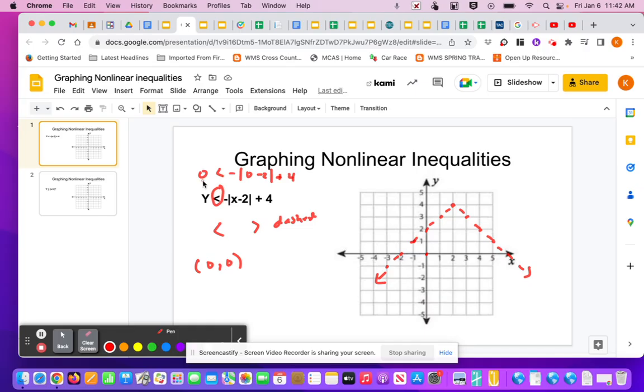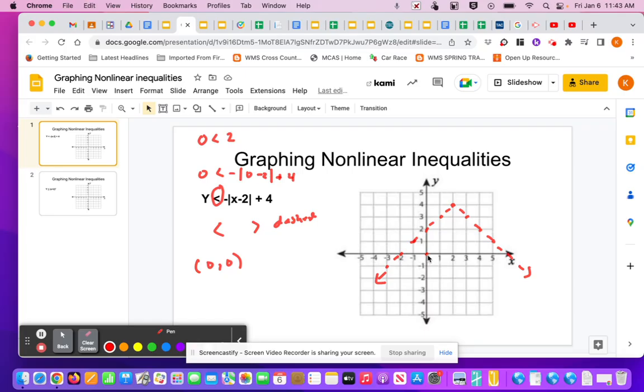I just plugged in 0 and 0 for my x and y coordinates. Now when I clean this up, 0 - 2 is -2. I take the absolute value of that, which is 2. This makes it a -2. And when I add 4, I get +2. I get this statement: 0 is less than 2. I'm pretty sure we agree 0 is less than 2. That means the origin is one of the many solutions to this inequality.